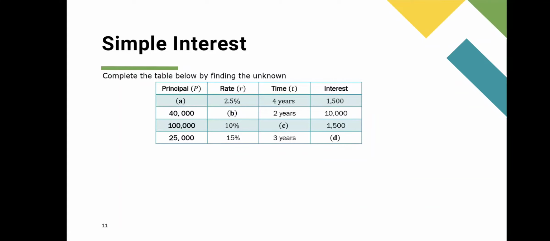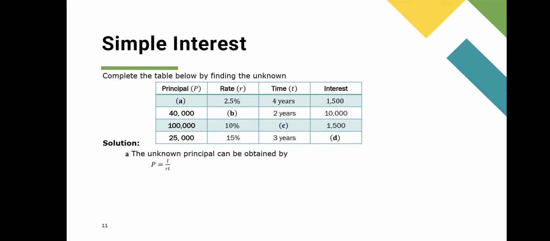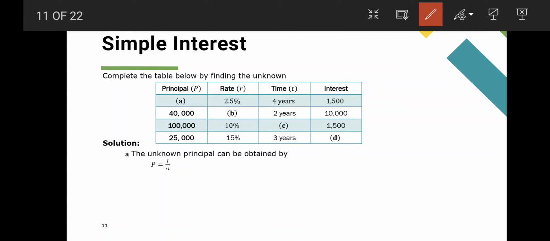Okay, first, for letter A, the unknown principal amount can be obtained by using our formula P equals I over R times T. So, we know that the rate in letter A is 2.5%. So, that's 2.5% in decimal, 0.025.